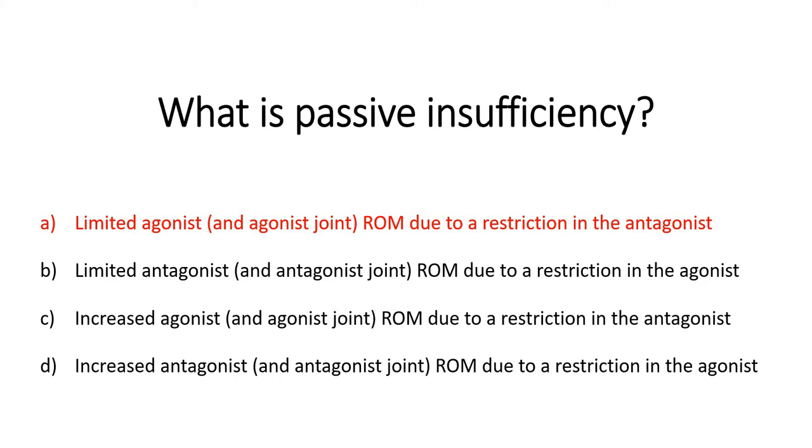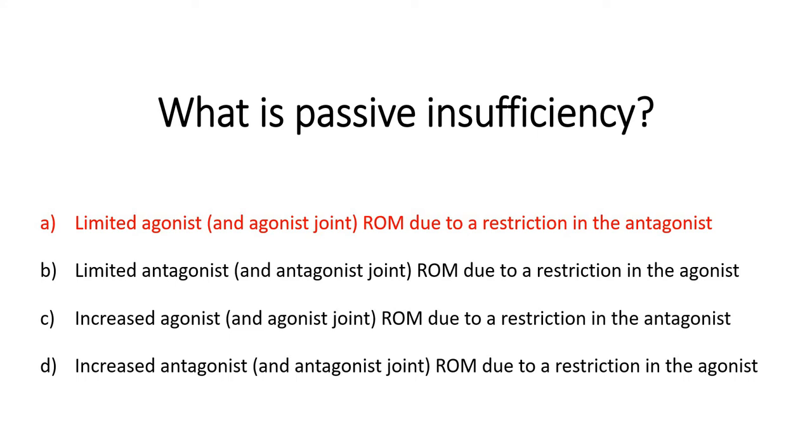If let's say you're kicking a ball or walking, which would be the quadriceps, they're going to limit knee extension. So because the antagonist is restricted, the agonist muscle range of motion is restricted, and therefore the joint motion is going to be reduced as well.